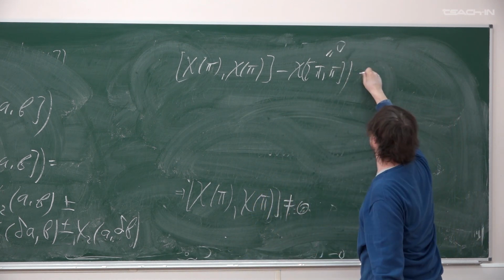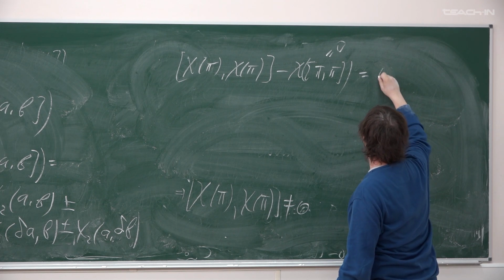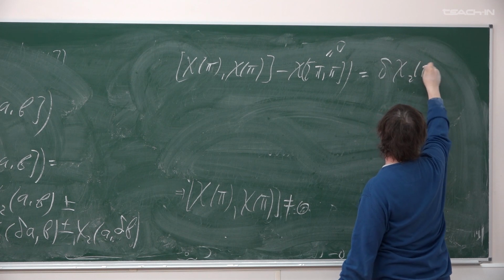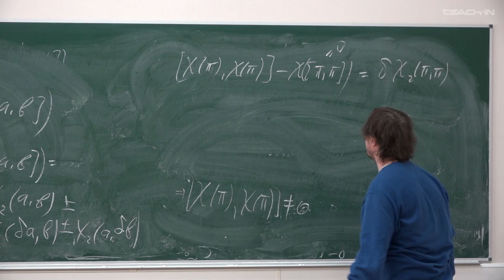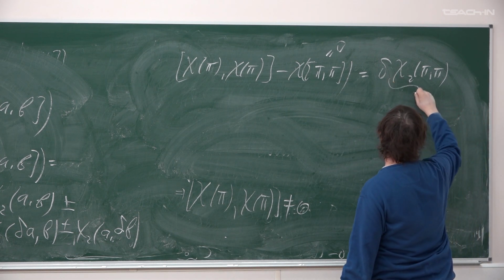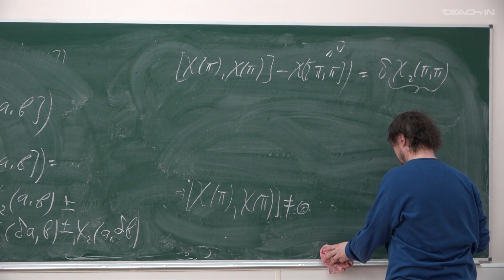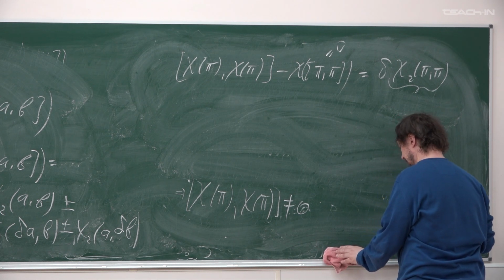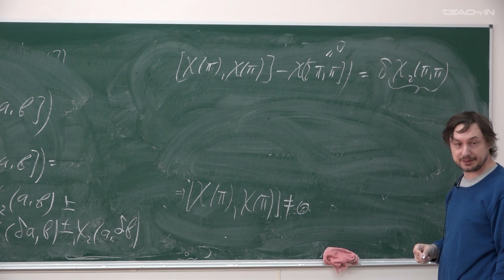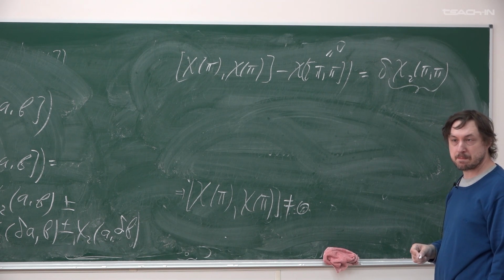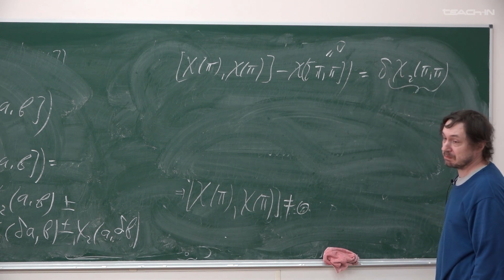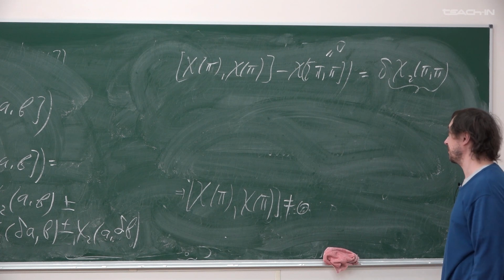It is equal to delta of chi2 of pi, right? So this delta of this chi2 is a differential operator, right? When we apply delta, we again get a differential operator, polydifferential operator.